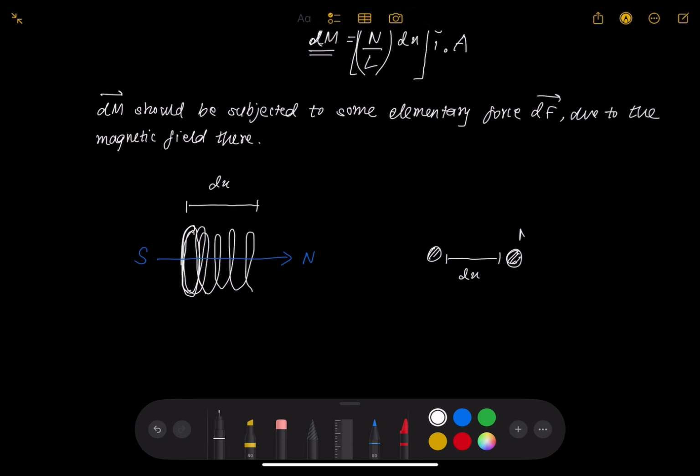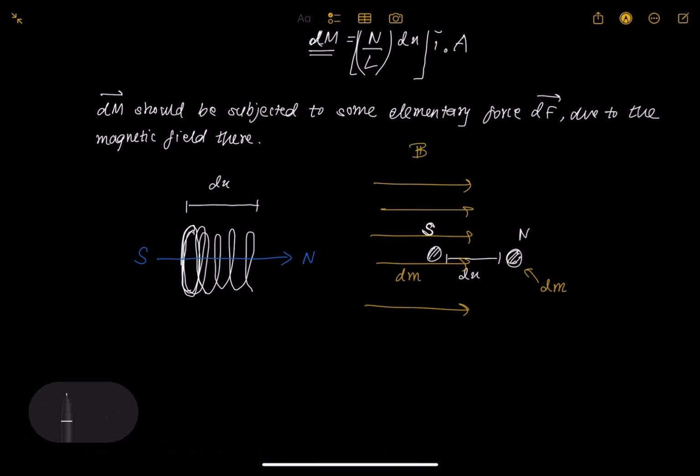We'll say that this is the North Pole, this is the South Pole. We'll say that their pole strengths are dm and dm respectively, and that they are under the effect of an external magnetic field B.